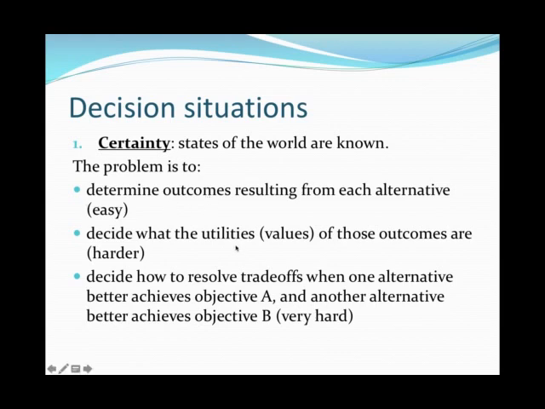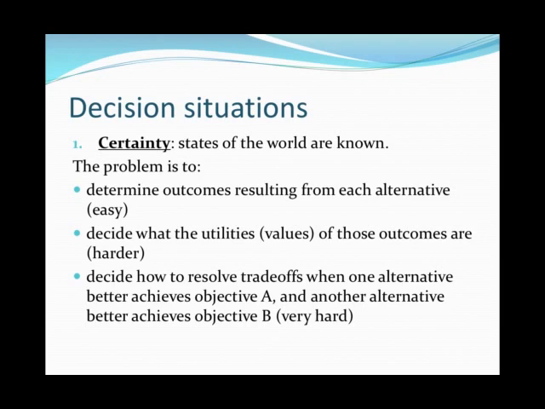But we don't know the utility or values of those outcomes, because we don't know how much the person hates nausea, or if nausea is not a big deal to them.